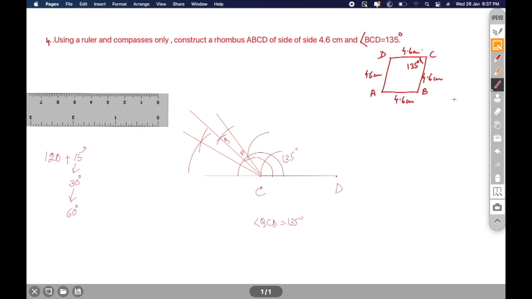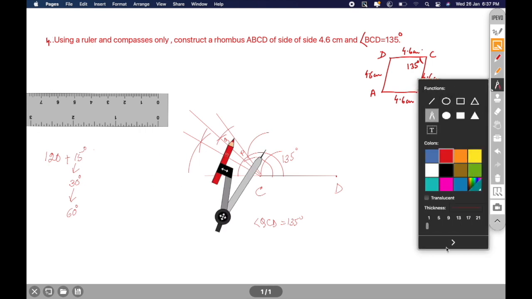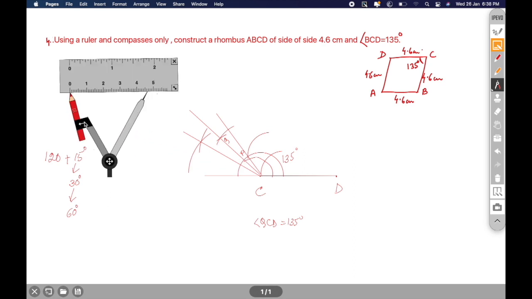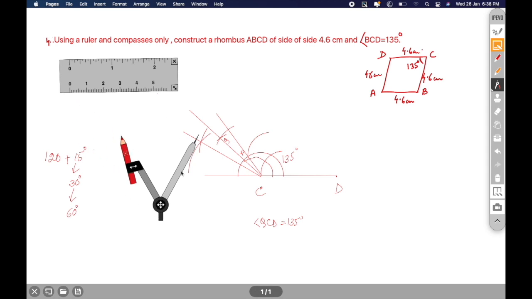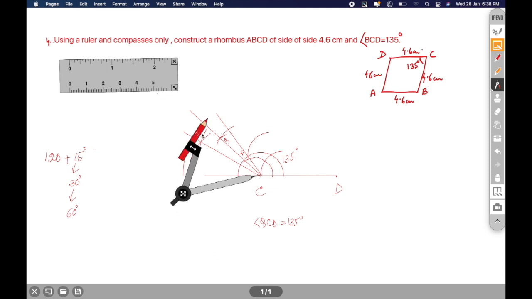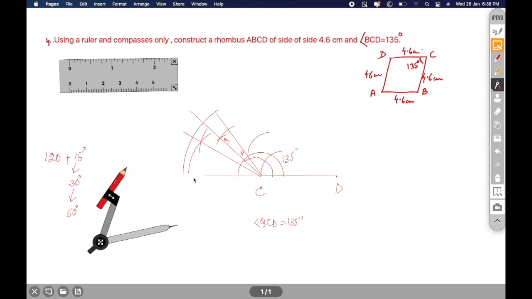So I'll take the compass and measure 4.6 centimeter here, and now with C as center and radius 4.6, I'm cutting the arm CQ at the point B. So this is the point B, and BC is 4.6 centimeter.